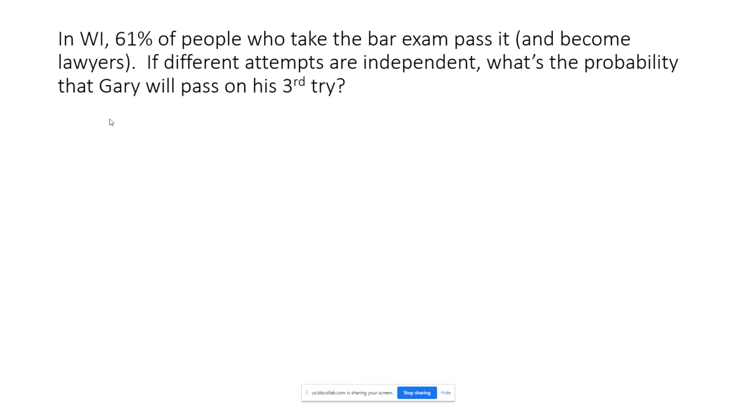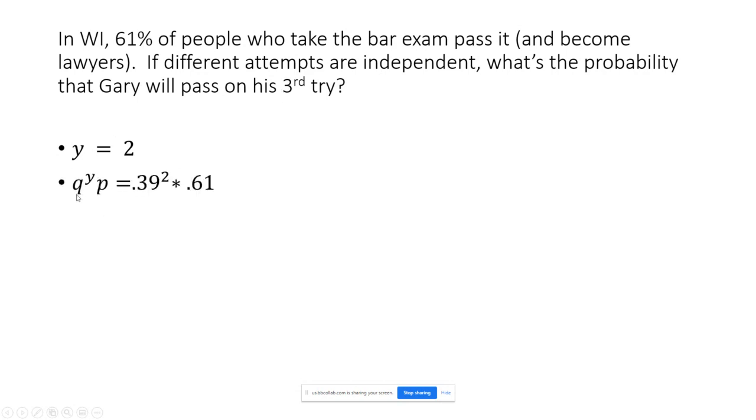0.09. Does that agree with what other people got? So here, y, the number of no results before the first yes, is 2, because if he's going to pass on his third try, he needs to have not passed on his first 2 tries.